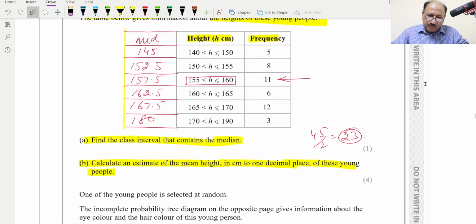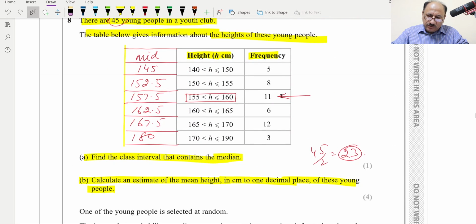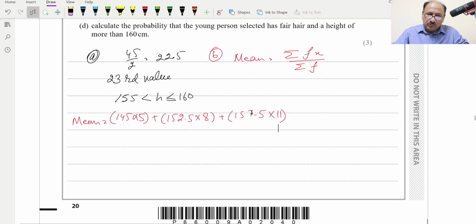So we are multiplying basically these mid values with this frequency. Next is 162.5 into 6, and next value will be 167.5 into 12, and next value will be what?